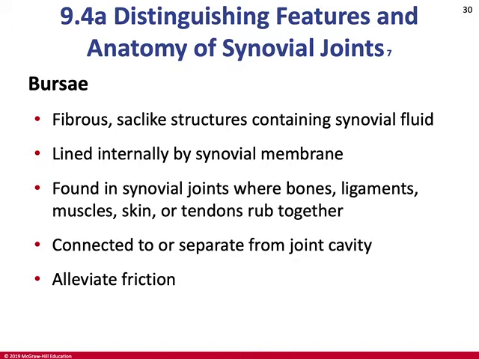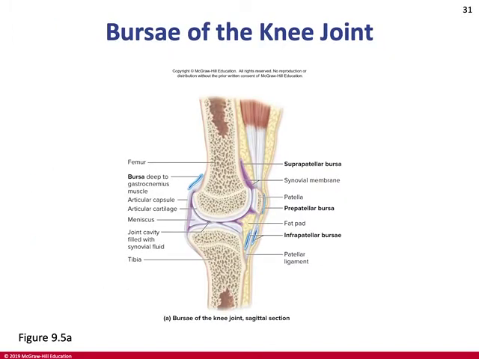Often it's a result of what we call repetitive motion injuries, where we do the same movement over and over and over again, and the net result is that it produces an inflammatory process in these sacs. So you can see here in the knee some examples of where the bursa are. They're shown here in blue, right? There's your pre-patellar bursa in front of your patella, your kneecap, right?